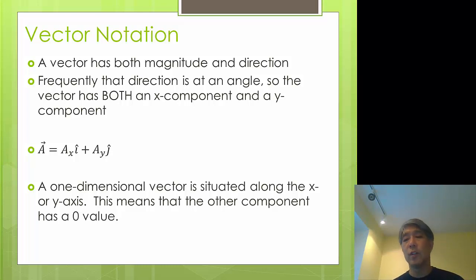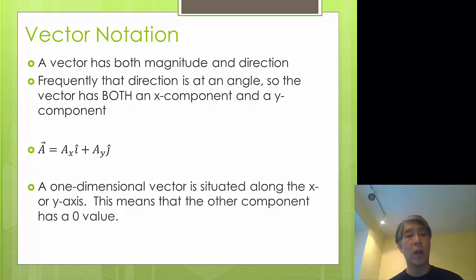Since the vector is frequently at an angle, it will have both an x component and a y component. Those components can be negative. Okay, components are not magnitudes, so they can be negative. So in this case, I have a vector A that has a component a sub x in the i direction, or x direction, plus a sub y in the j direction.